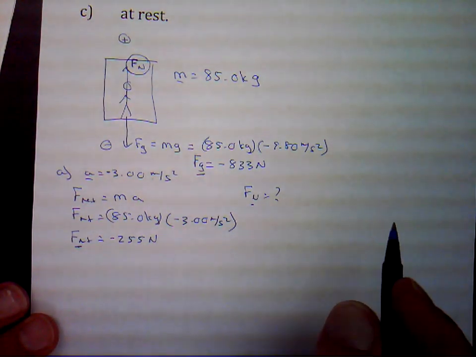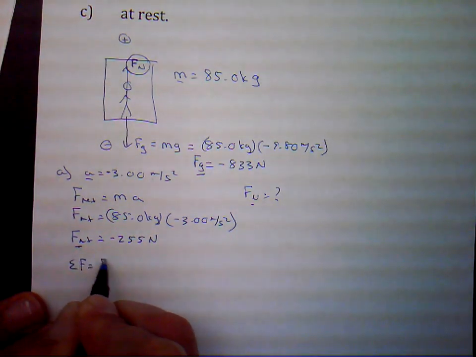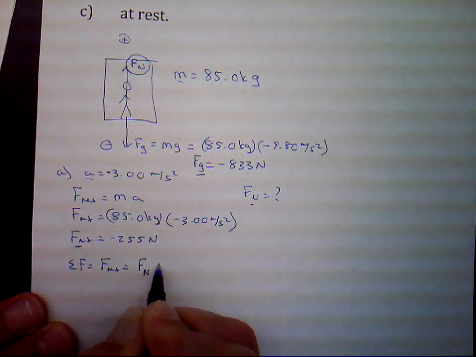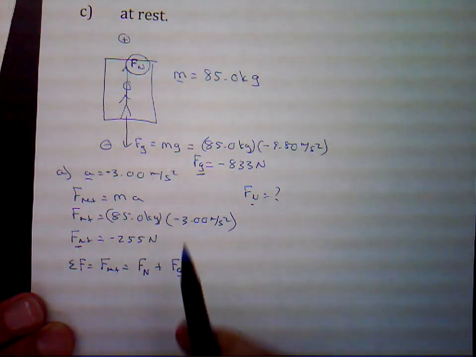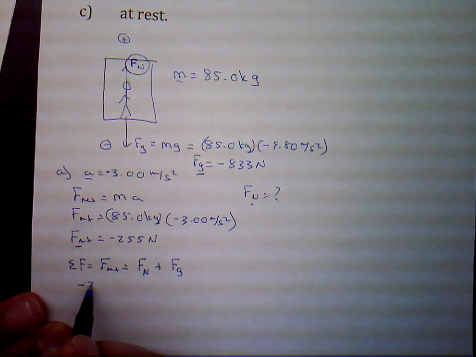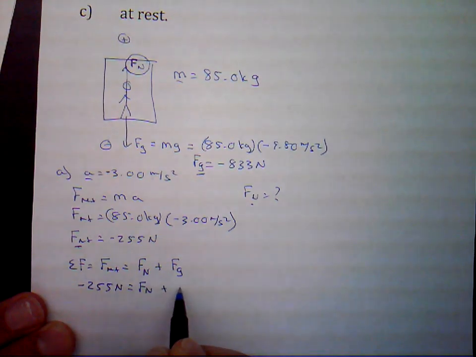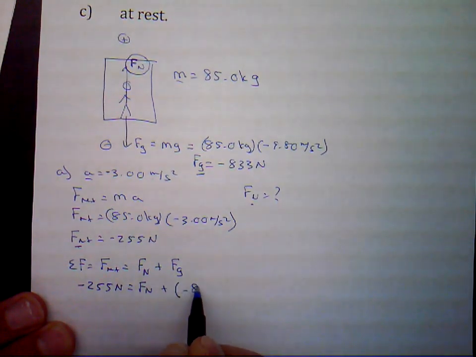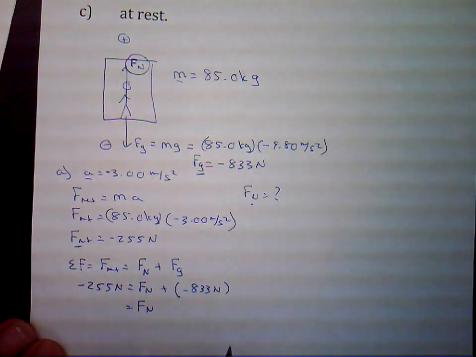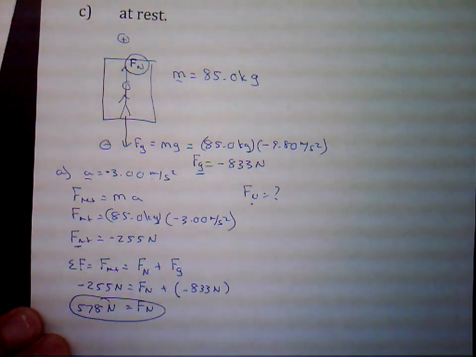Now we use Newton's second law of motion, that the summation of force, which is the same thing as the net force, is equal to the normal force plus the force of gravity acting on the person, the two forces that are acting on this person. We know the net force is negative 255 newtons. The normal force is what we're trying to solve for, plus the force of gravity, which is negative 833 newtons. We solve that for the normal force, and we should get 578 newtons for the normal force acting on that person.